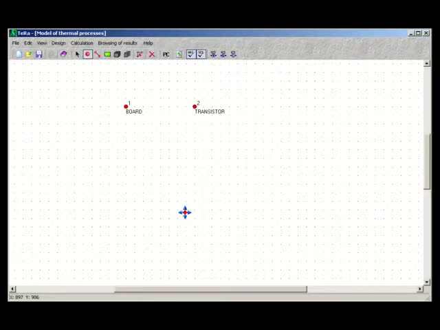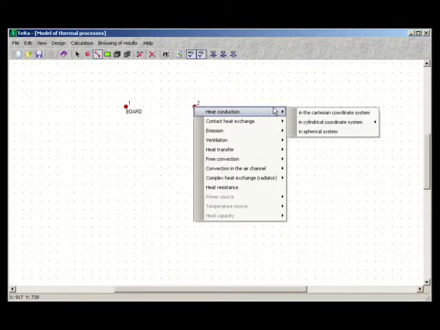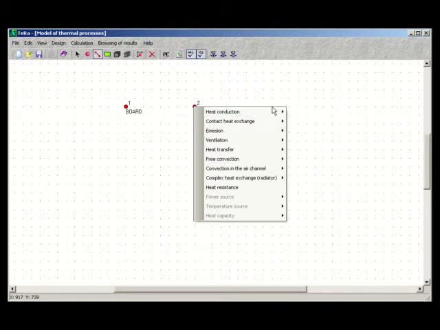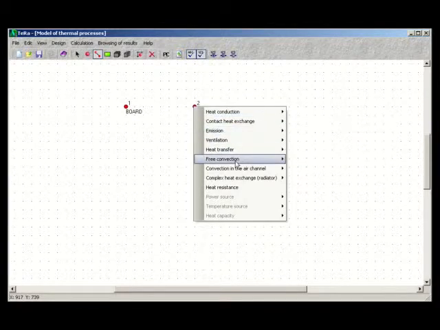The model blocks corresponding to the interacting volumes are mutually incorporated by branches, which simulate the thermal resistances corresponding to the types of heat exchange between these volumes. In the figure, we see kinds of branches used in the subsystem, for example, heat conduction, emission, free convection, and the others.